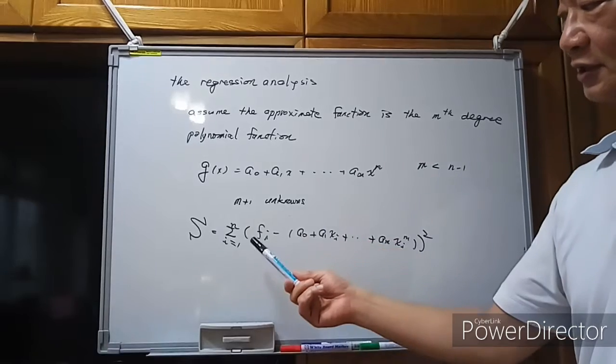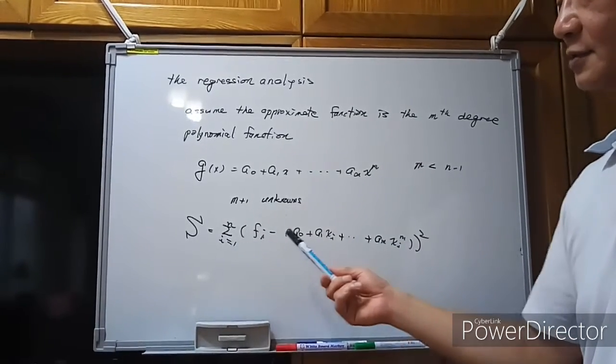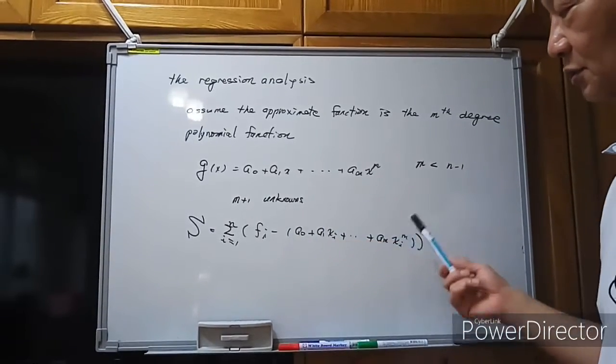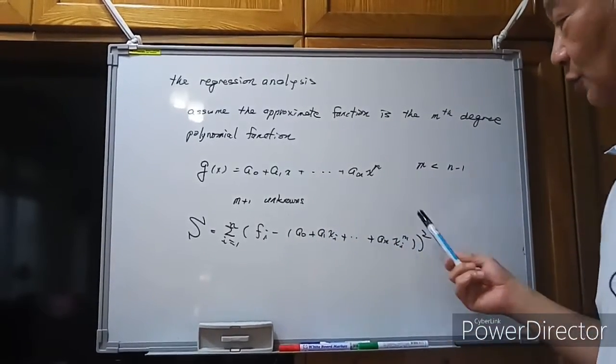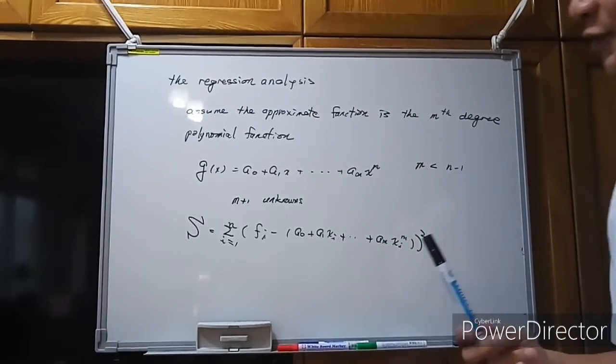Okay, and the definition of the capital S, we need to calculate the error at each data point, and also we need to make a square to calculate the square of the error.